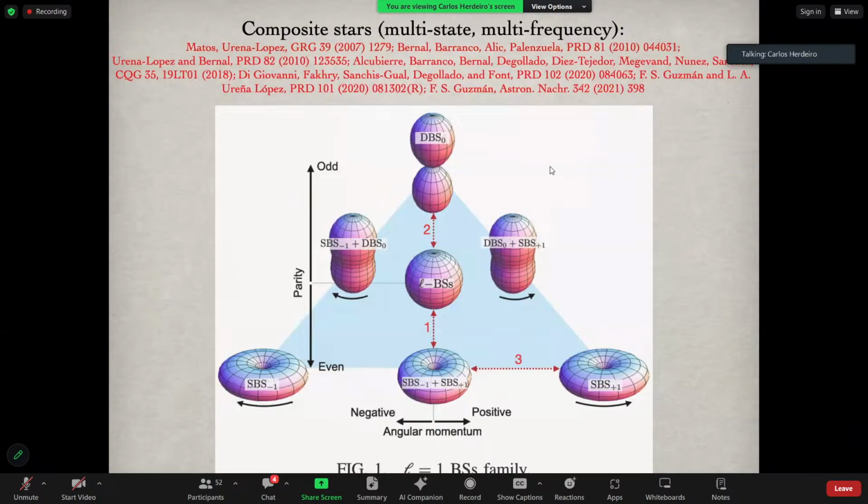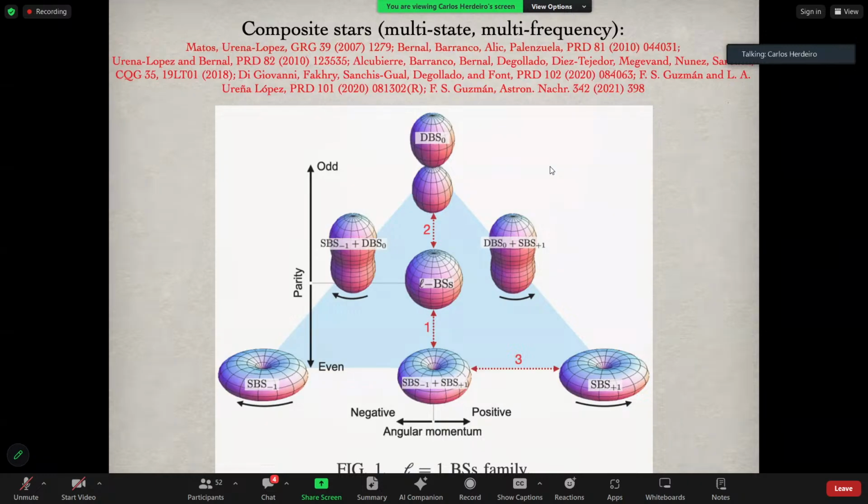And in the same spirit, for the non-relativistic bosonic stars, in what is called the Schrödinger-Poisson system, which is the non-relativistic version of what I've been discussing, a dipole configuration is stabilized by adding a sufficiently large fundamental monopole. These examples turn out to be illustrations of a stabilization mechanism that was discussed in this paper that I put here at the end, discussing also families of multi-frequency, multi-field bosonic stars.